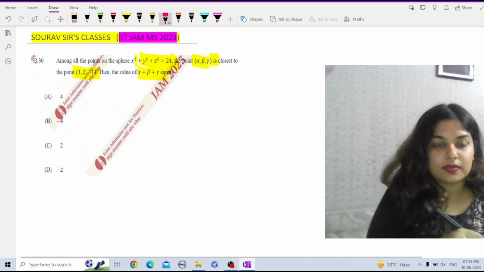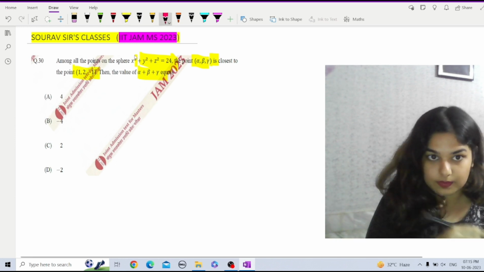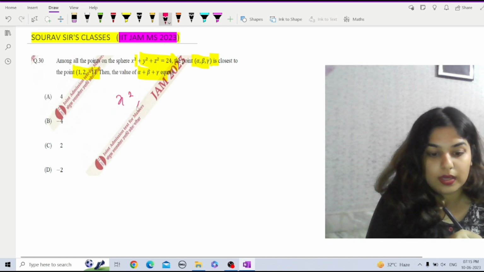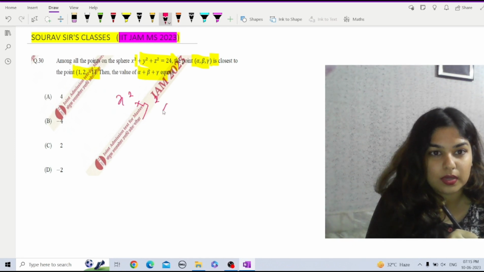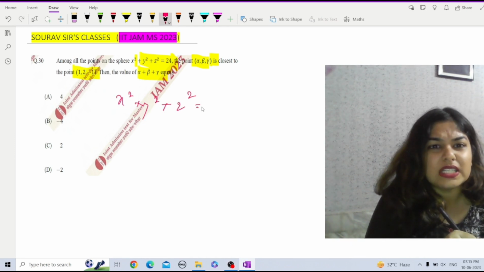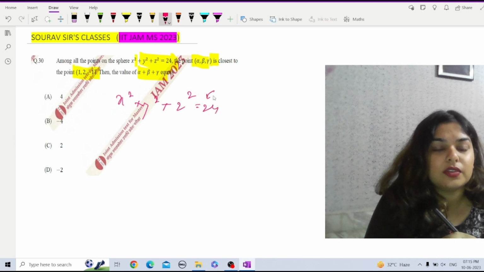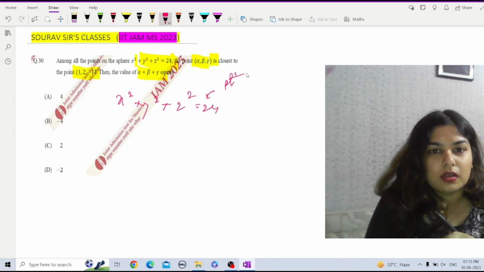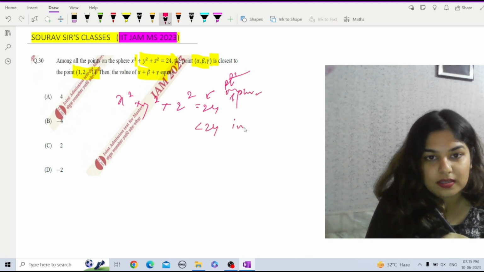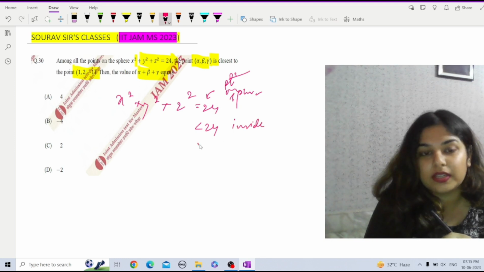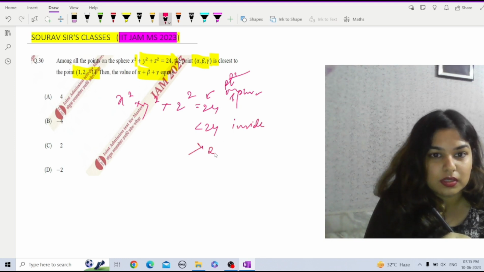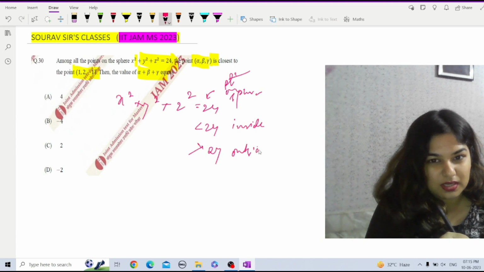So basically, first let us write down the equation of the sphere: x square plus y square plus z square is equal to 24. If it is equal to 24, the point is on the sphere. If this is less than 24, the point is inside the sphere, and if it is greater than 24, the point is outside the sphere, correct?